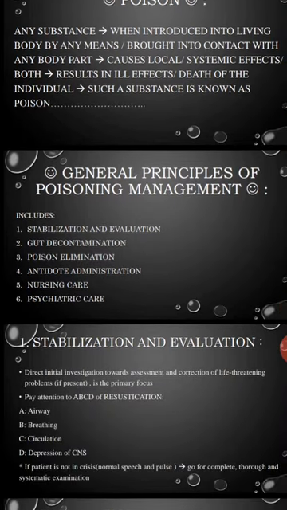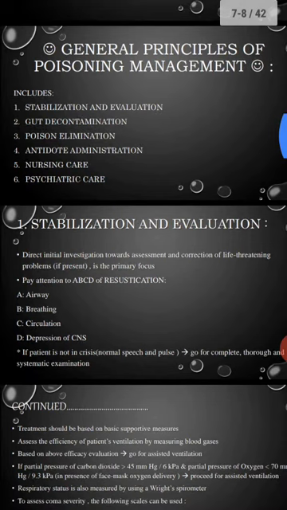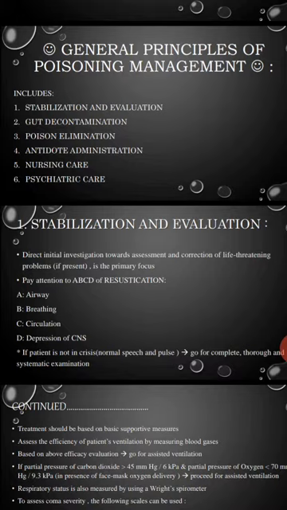So the first thing you have to do is stabilization. I will explain with the content in the ppt as well as without the ppt, but you can note it down from your textbooks.